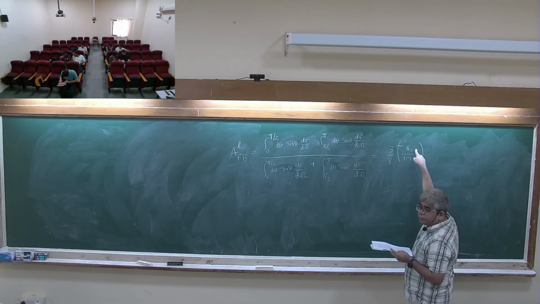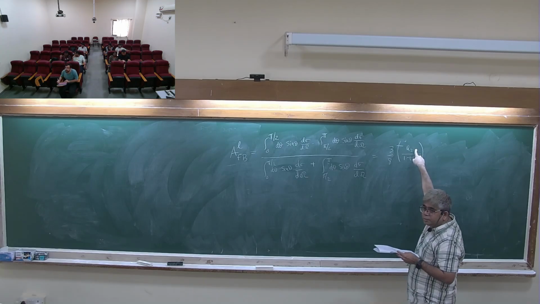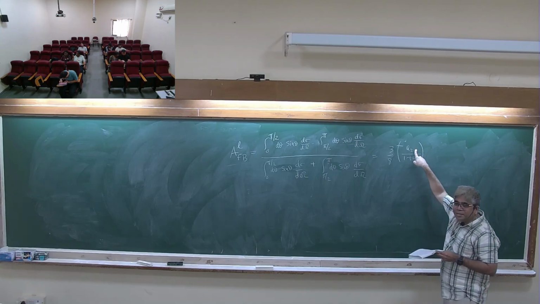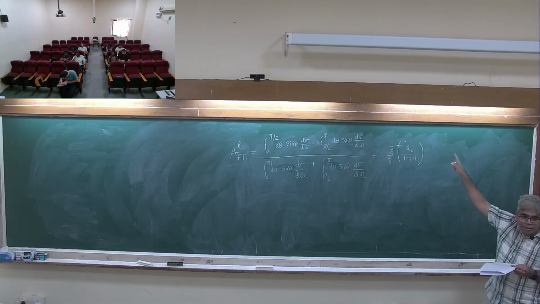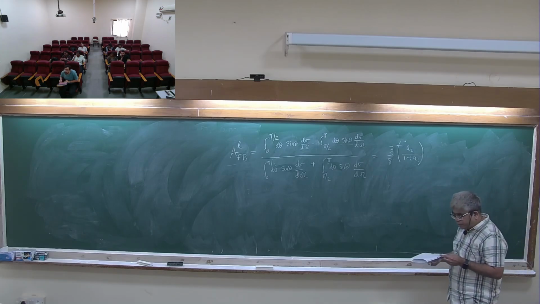So if A2 is equal to 0, there is no forward backward asymmetry. If there is no Z boson, or if the Z boson is not parity violating, there is no parity violation.